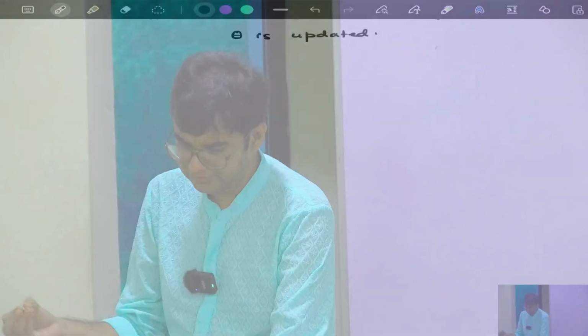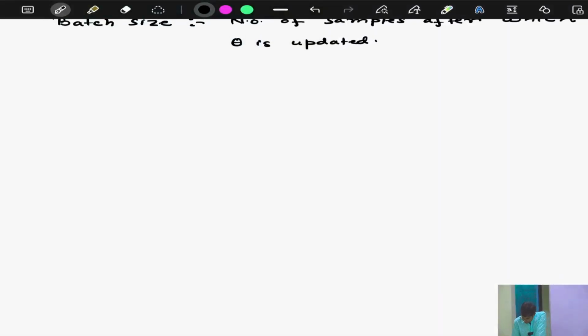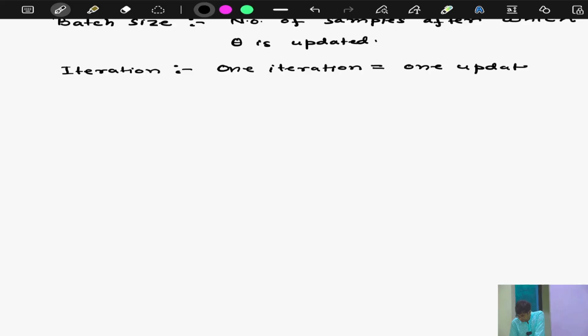So the third one is iteration. One iteration is equal to one update of theta.